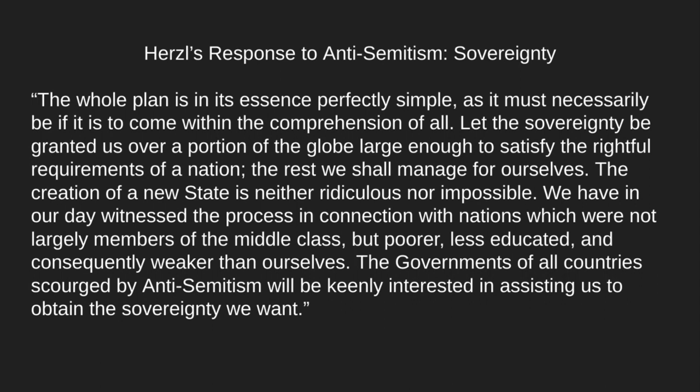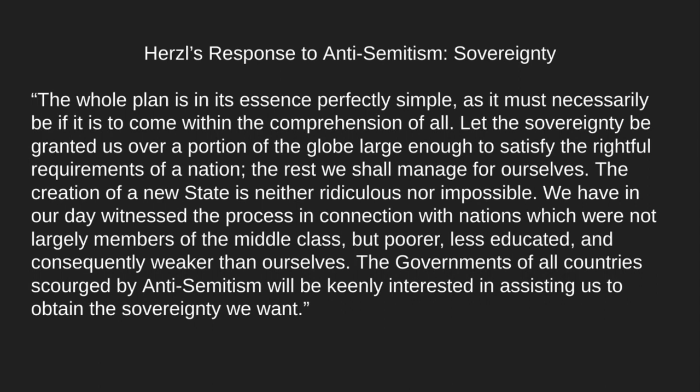The whole plan, in its essence, is perfectly simple, he says, as it must necessarily be if it is to come within the comprehension of all. Let the sovereignty be granted us over a portion of the globe large enough to satisfy the rightful requirements of a nation. The rest we shall manage for ourselves. The creation of a new state is neither ridiculous nor impossible.